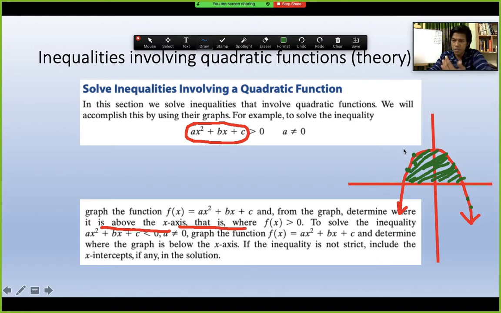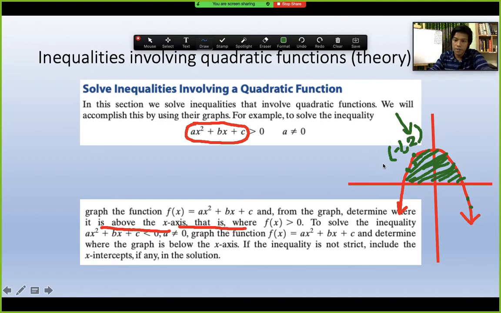Suppose, just for instance, this point is minus 1 comma 2. Then this 2 is the value of the function. And ax squared plus bx plus c greater than 0 means where the value is more than 0.